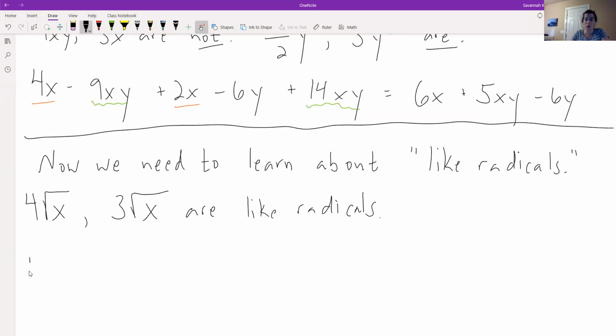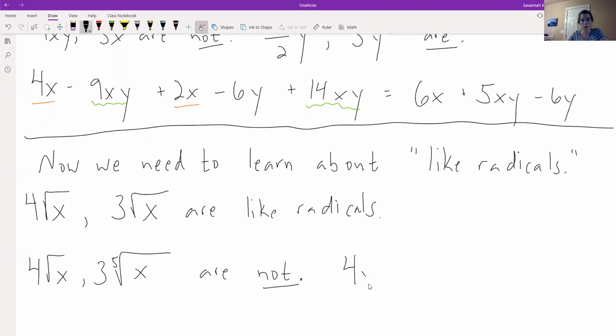Okay, let me change just one little thing. 4 square root of x and 3 fifth root of x are not, because the type of root changed. We went from a square root to a fifth root, so they're not like radicals anymore.